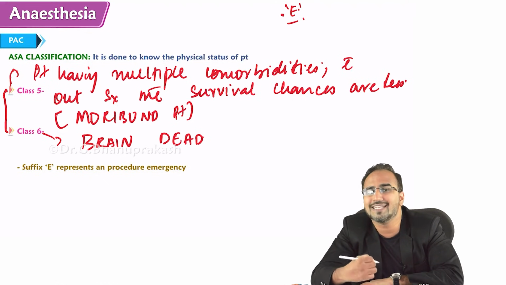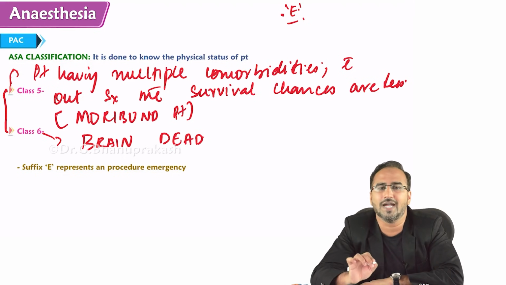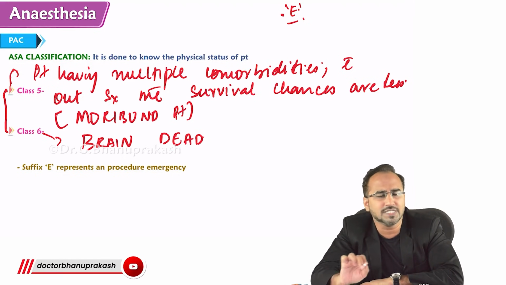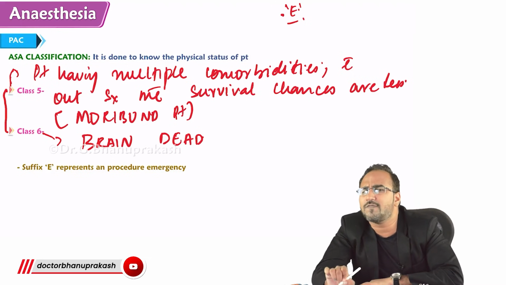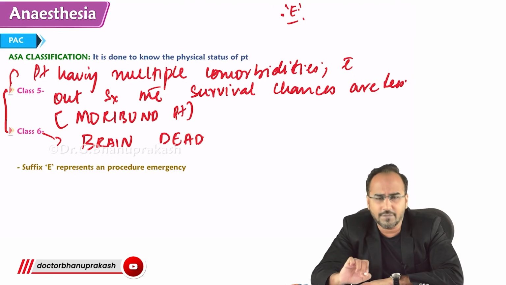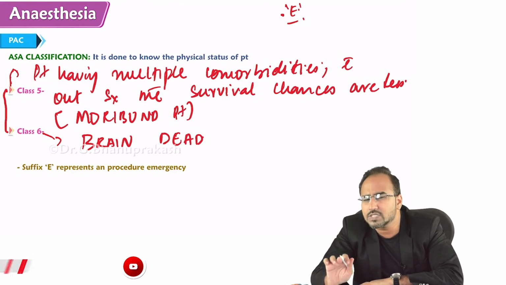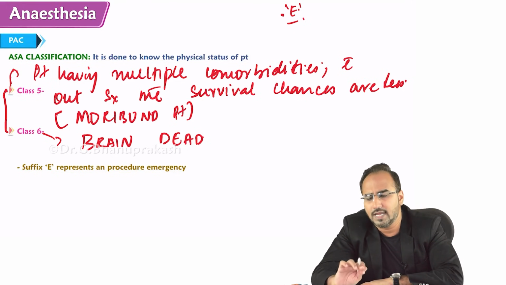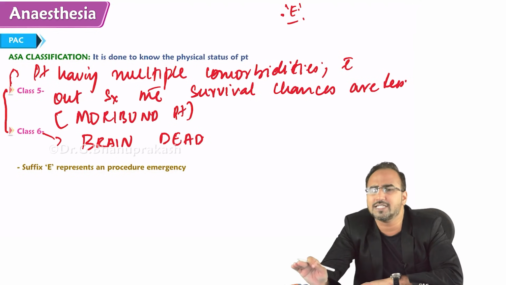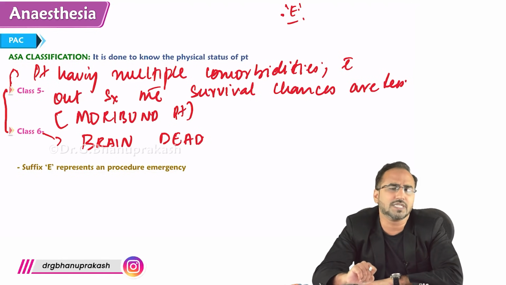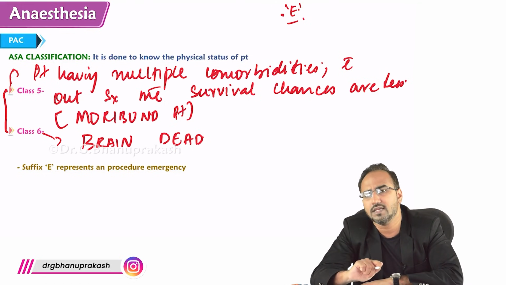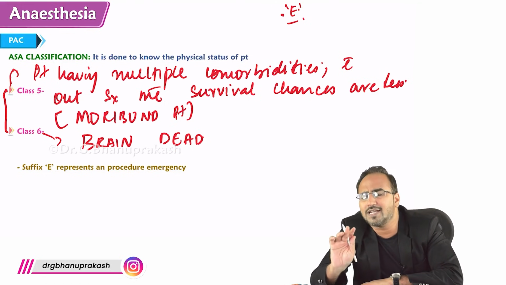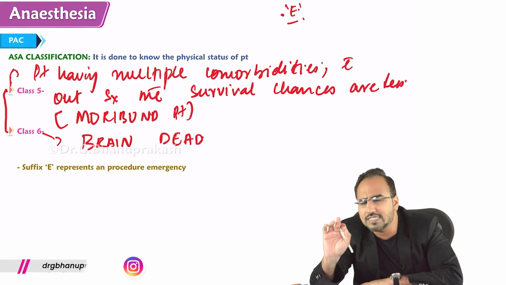If the surgery is an emergency, then you add E. If the surgery is non-emergency, don't add E. So guys, imagine a 20-year-old female who has been diagnosed with hernia and she is not having any systemic illness. Which ASA class does she come under? ASA I.